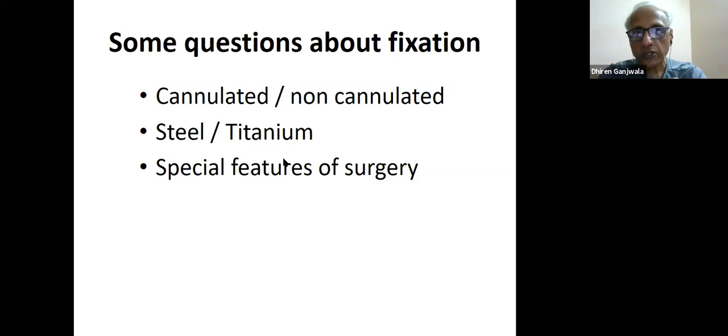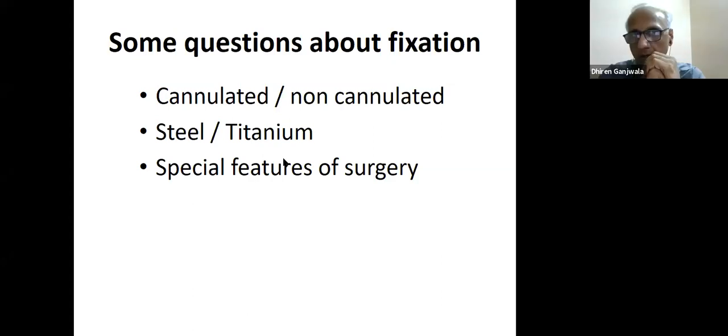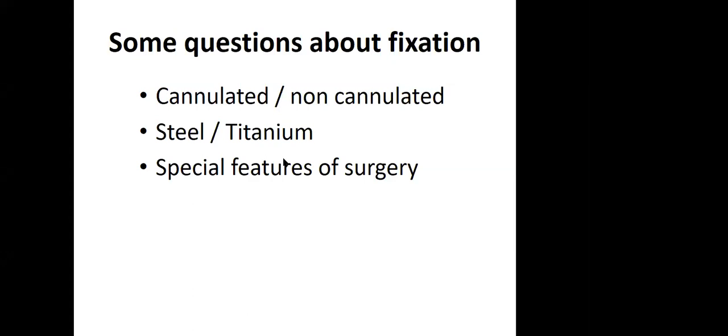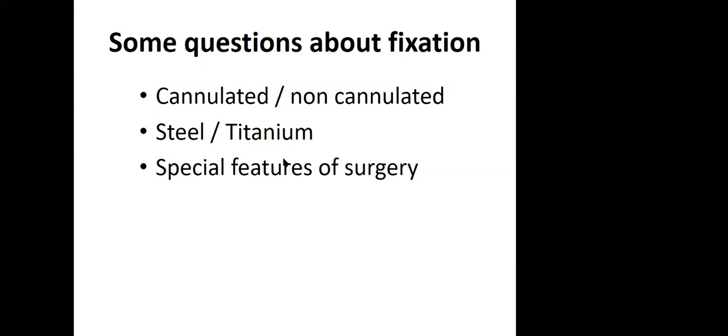Coming to the second question, steel or titanium? Steel. Why steel, not titanium? For the ease of implant removal. What is the advantage of titanium? It integrates with the bone.